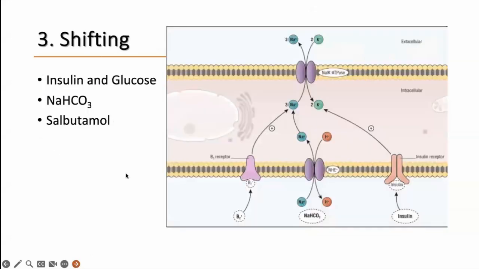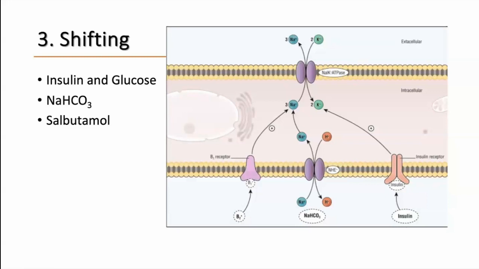So our third method or step to management is shifting. So we have 3 different mechanisms of shifting. You can use insulin and glucose. We never really ever use insulin on its own, but we will go into that. Your sodium bicarb and salbutamol, so your beta-2 agonist.